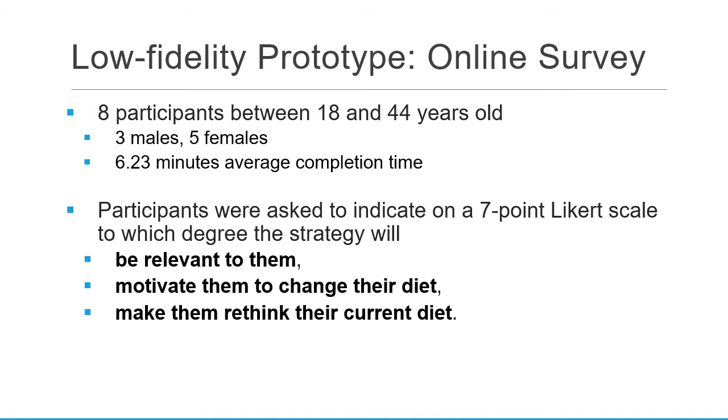8 participants between the age of 18 and 44 were involved in the online survey. There are 3 males and 5 females. The average completion time for the survey is 6 minutes 23 seconds. We asked participants to indicate on a 7-point Likert scale to which degree each strategy will be relevant to them, motivate them to change their diet, make them rethink their current diet.